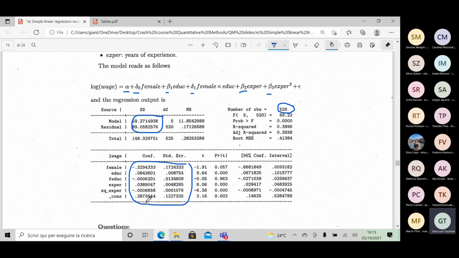I told you that you do not have to remember it, but it is the square root of s hat square times parentheses 1 over n plus x bar square over the deviance of x. The standard error of beta 1 hat is the square root of s hat square over the deviance of x. I told you, don't remember this formula, but we computed it in the previous exercises.